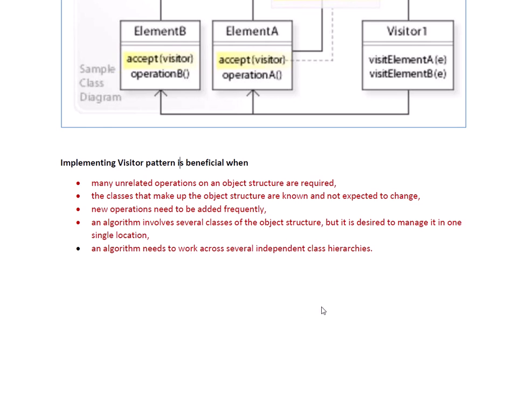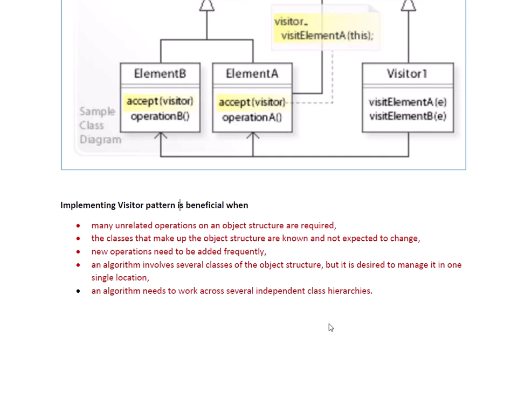There are some possibilities, basically. An organization contains many types of employees, like IT department, tax department, accounting department, software development department. So when some functionality needs to be provided to an independent group of people, that's what this particular point says: an algorithm needs to work across several independent class hierarchies.